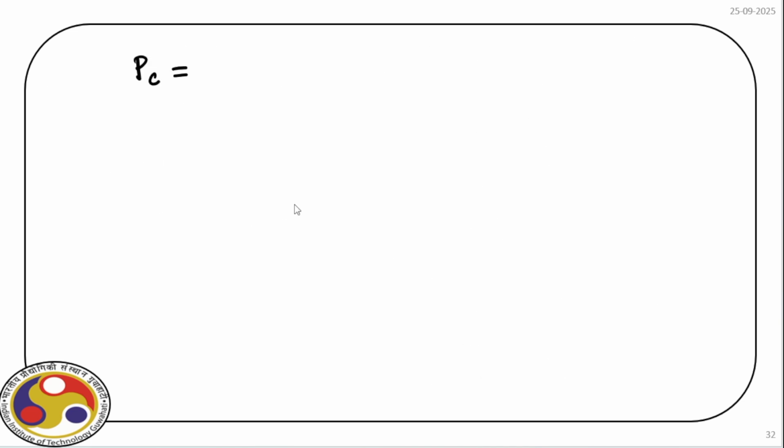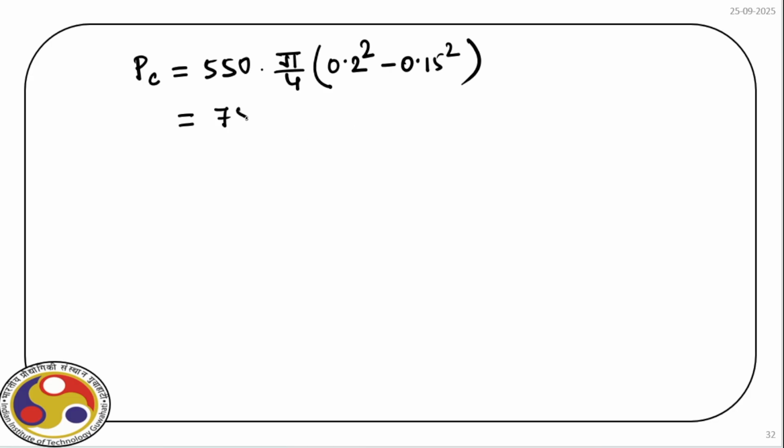So sigma C is 550 times cross sectional area, it is a hollow circular cross section, so pi by 4 times D, which is 0.2 to the power 2 minus 0.15 square. Now the value of PC is 7559 kilonewton.